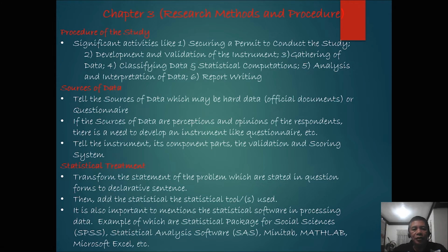Some of the major activities in research are, the first one, securing a permit to conduct the study, followed by the development and validation of the instrument, then gathering of data, classifying data and statistical computations, analysis and interpretation of data, and report writing.